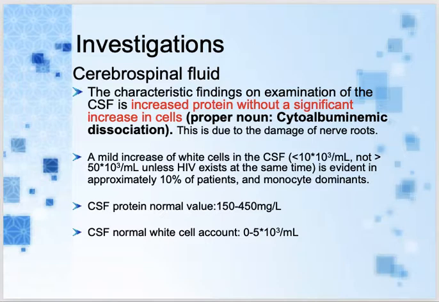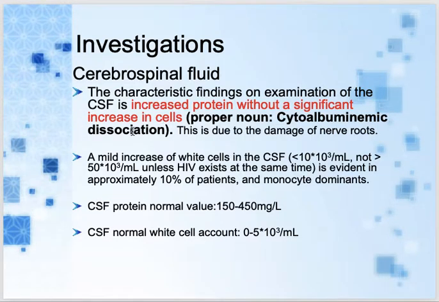CSF testing: they have high protein and normal WBCs. They have something called cytoalbuminic dissociation. Why? Because they have an increased level of monoclonal IgG antibodies in them. So that's why they have cytoalbuminic dissociation.